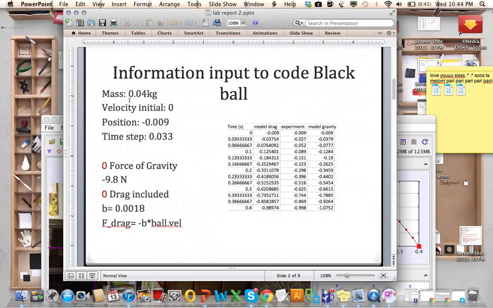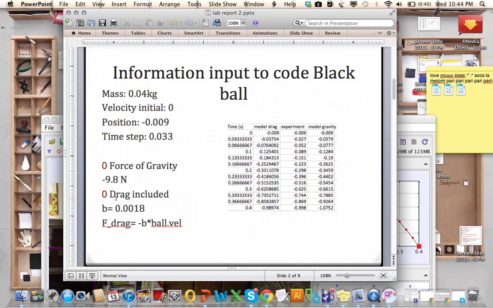I inputted the mass in Python, and I got 0.04, the initial velocity, the initial position, which is in here, in the experiment, and the time step. The force of gravity was added. It was negative 9.8 newtons for the first one. I ran the code and I got a graph that will be shown in the next slide.